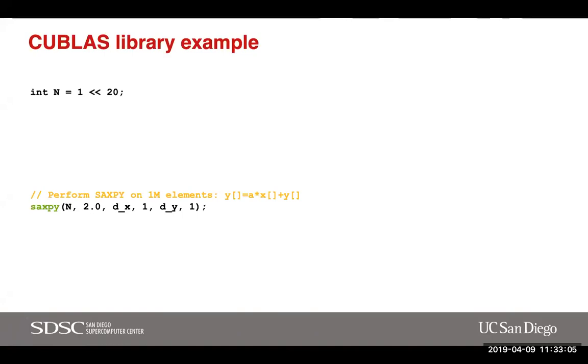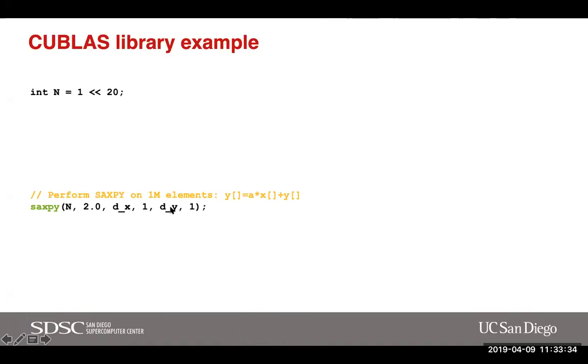So here's an example for that saxpy function. We are doing a call to the saxpy function, where now I have n elements and a, so this is the factor of 2, that's going to multiply x, which is dx, and y, which is dy, and the stride is 1 for this function. So it's called dx and dy now here.